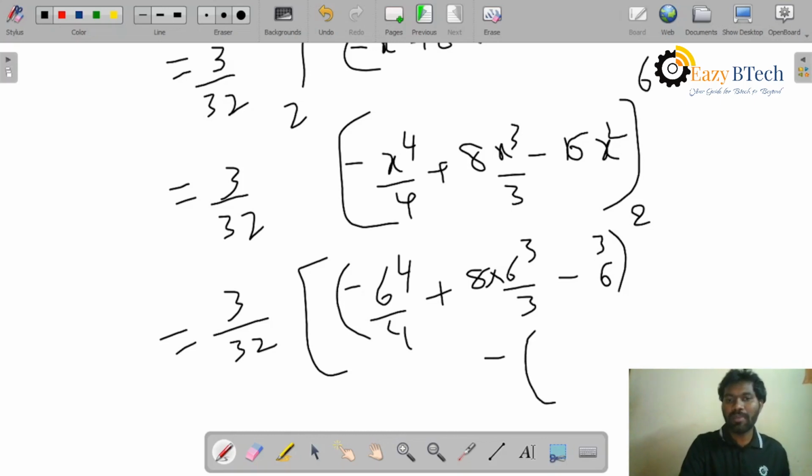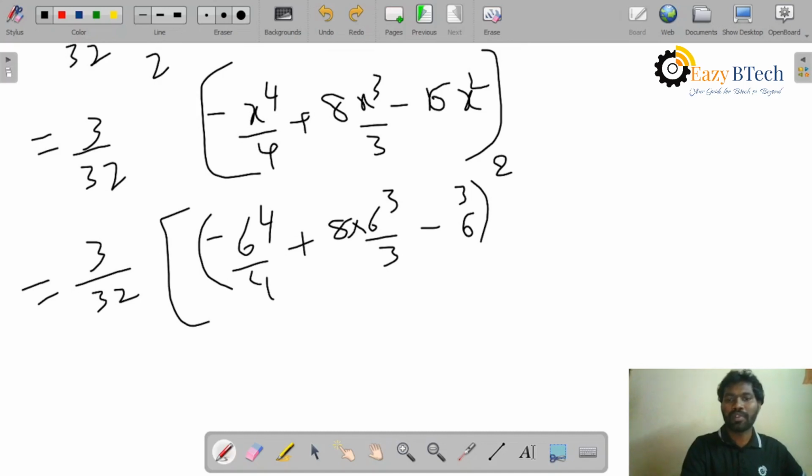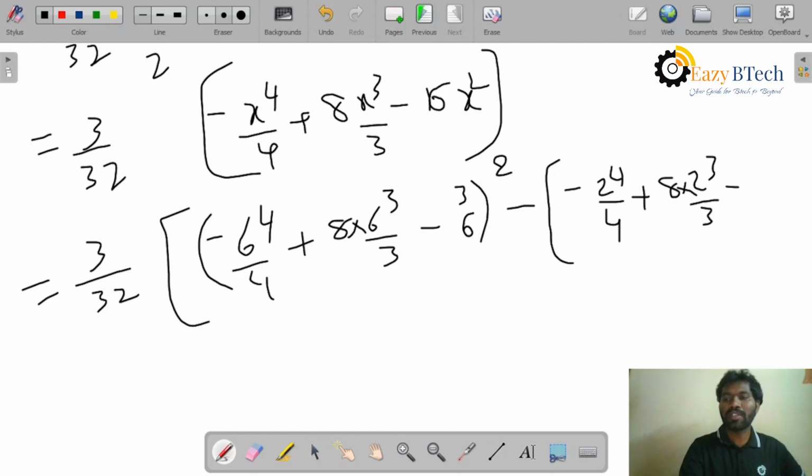Minus the lower limit: minus 2 power 4 by 4 plus 8 into 2 cube by 3 minus 6 into 2 square, that means 24 is the lower limit.